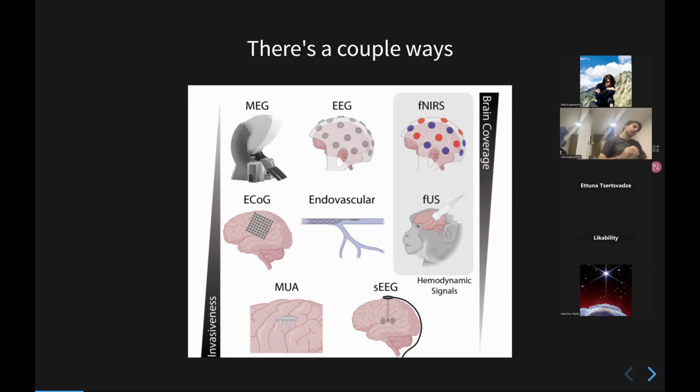So let me just repeat what I was saying. There's different levels of invasiveness. The top ones here are less invasive because they're just devices where you put your head in and then you take it out. Then the second ones here, ECOG, endovascular, and FUS, are semi-invasive, which means that you take off your skull, but you don't go inside your brain, you go on the surface of your brain.